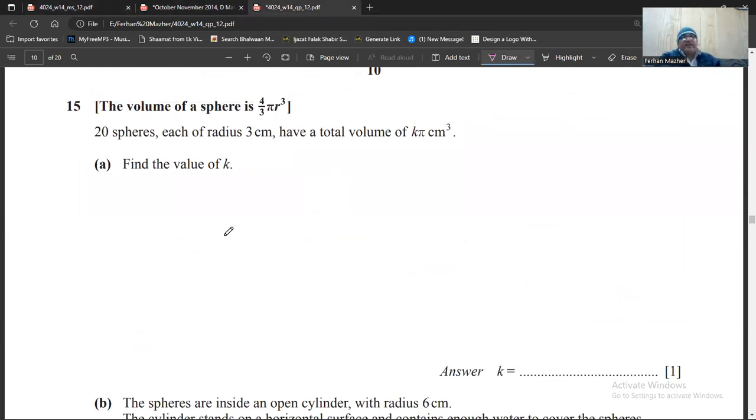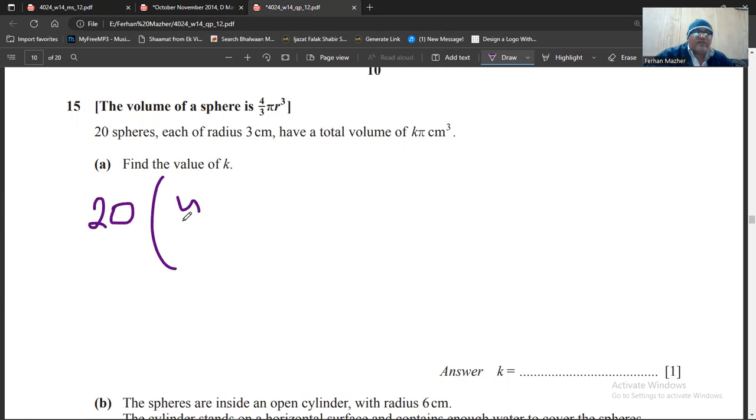Question number 15. The volume of a sphere is 4 by 3 πr cubed. 20 spheres, each of radius 3 centimeters, have a total volume of kπ cubic centimeters. Find the value of k. Just put the radius here, multiplied by 20.